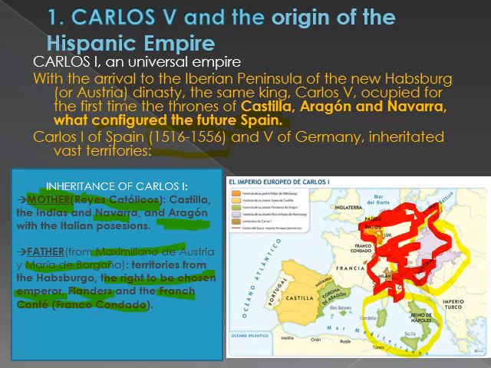Flandes, ¿vale? Todo esto. Y el Franco Condado, que es este territorio de aquí, ¿vale? Que hace frontera con Francia. He's going to be chosen emperor in 1519, using this right that he inherited from his grandfather Maximiliano de Austria.